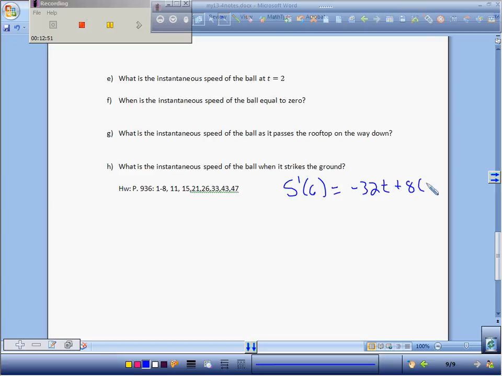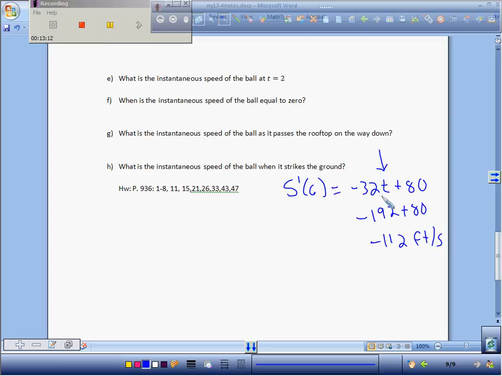And if I plug in 6 in there, I get negative 192 plus 80. So when it hits the ground, it's going negative 112 feet per second.